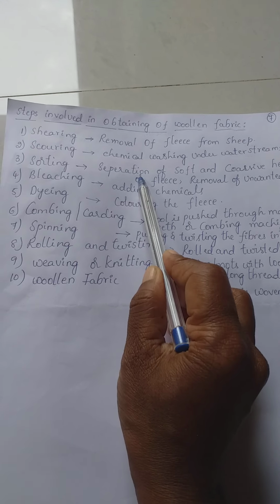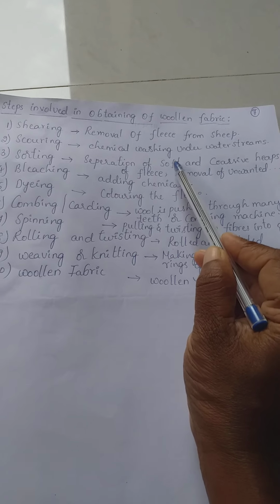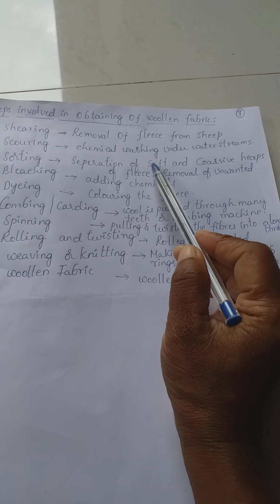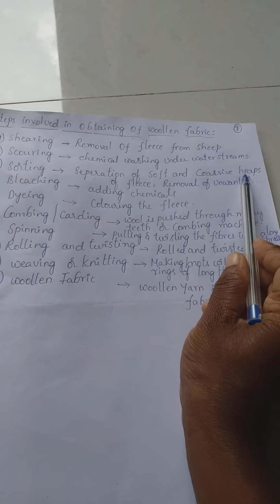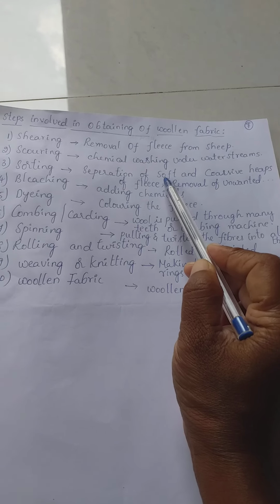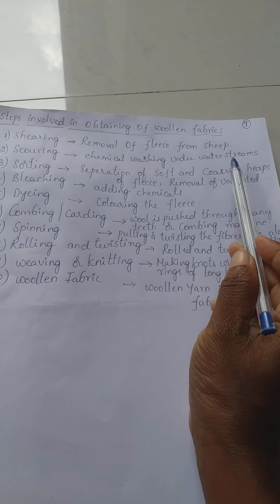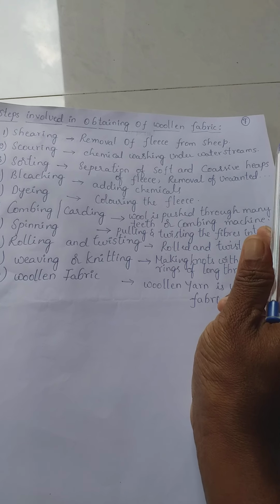Sorting means separation. What are we separating here? We are separating coarse heaps of fleece and soft heaps of fleece. Heaps means bundles of fleece. Here the soft one is separated, and coarse means the rough one is separated.